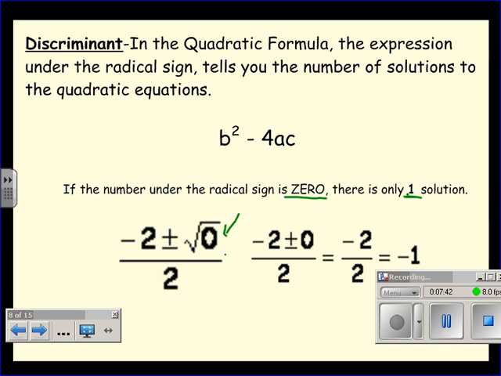So if I go from here to this next expression, negative 2 plus or minus 0, it doesn't matter if negative 2 is plus 0 or negative 2 is minus 0. I'm still going to get the same sum, which is negative 2. And then it's going to equal negative 1. So any number with the discriminant of 0 will always result in only one solution.